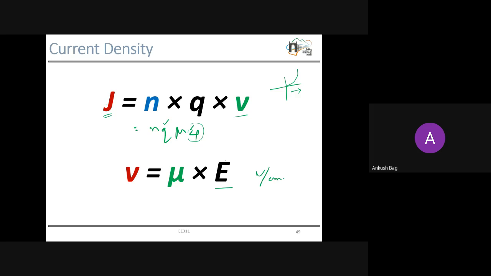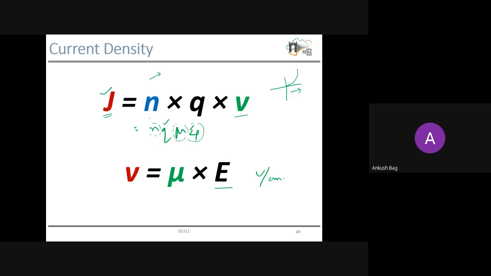So your current will essentially depend on how many carriers are available within your device, and how easily they will move within the device. Again, this is one type of current. There are different types of current which we'll discuss in detail in the coming module. Roughly, these are the two parameters on which your total current will depend.